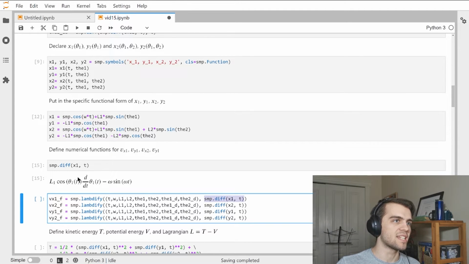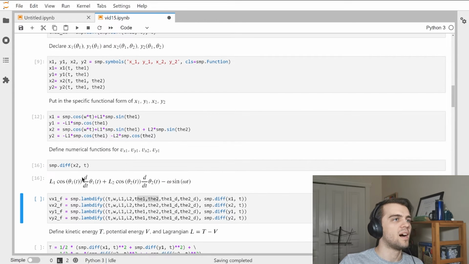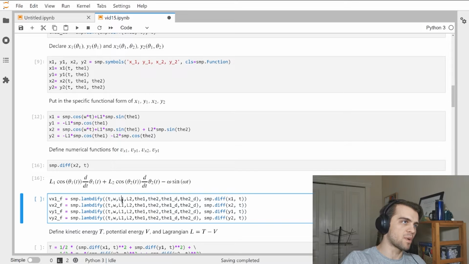Well, obviously it takes in theta 1 and theta 2, right? Well, this one doesn't explicitly take in theta 1 and theta 2, but x2, for example, does take in theta 1, theta 2. It takes in L1 and L2. It takes in omega, of course, and it takes in time. And so I give it all these quantities and it will return a number just based on the Sympy expression.